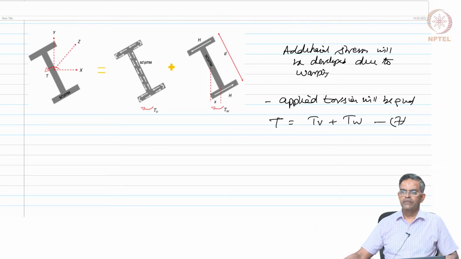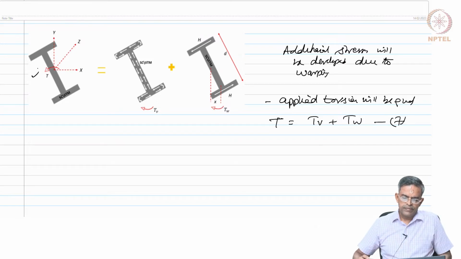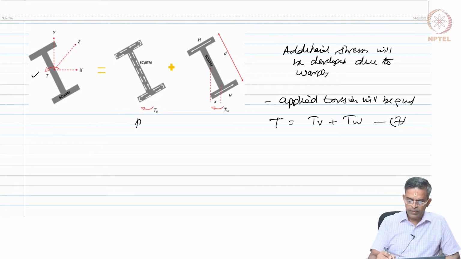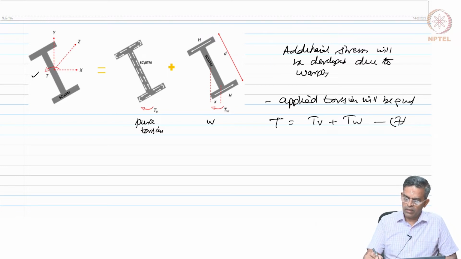Now, referring to this figure, the torsion is applied at an axis x, y, z, and it is about the z axis, which can be a sum of pure torsion plus torsion caused because of warping.